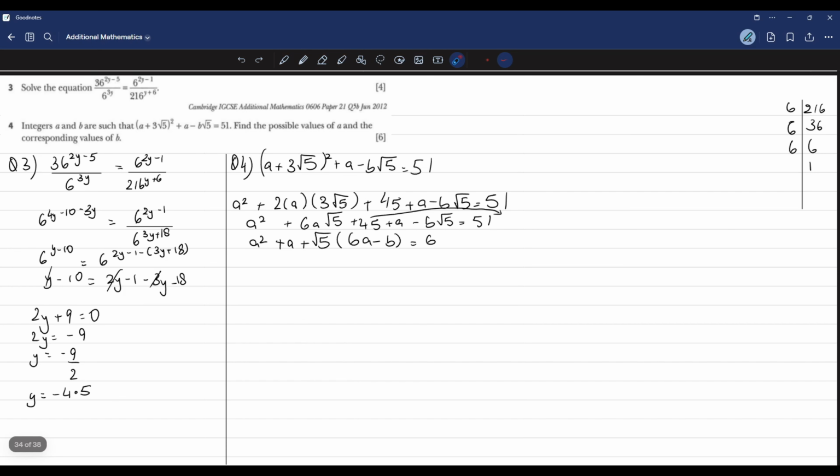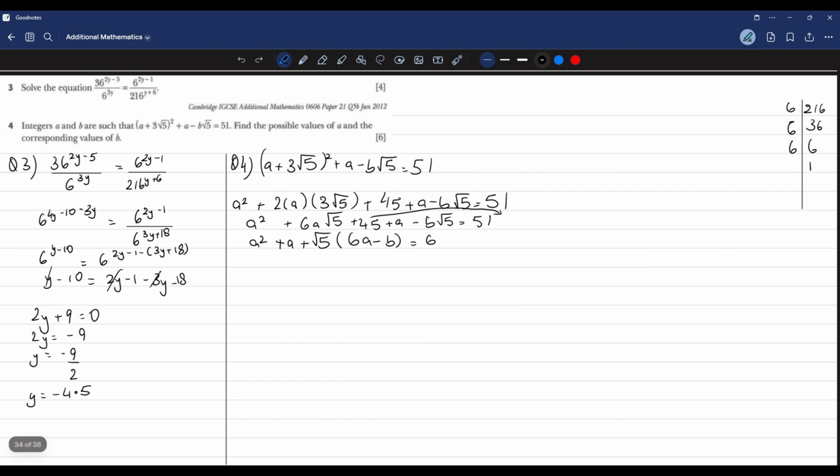So what I'm going to say is a squared plus a equals 6. And the reason there's nothing related to root 5 is basically because this root 5 is multiplied by 0 on the other side. That's why it's not showing up on this side, but it exists here. Okay.